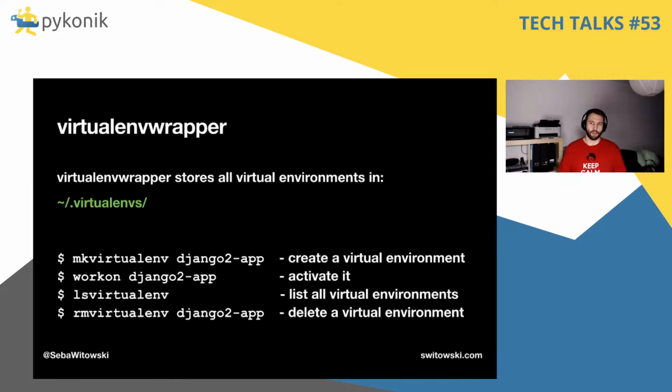With venv, it's impossible to get a list of existing virtual environments because venv doesn't keep track of them. With virtualenvwrapper, since all virtual environments are stored in one folder, you can easily get that list. And then finally, to remove a virtual environment, just run rmvirtualenv and the name of the environment. For example, rmvirtualenv django-todo-app.